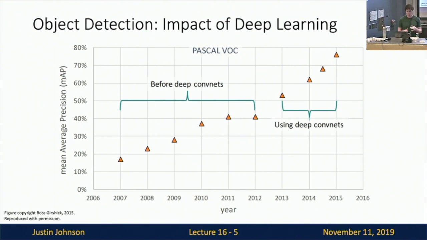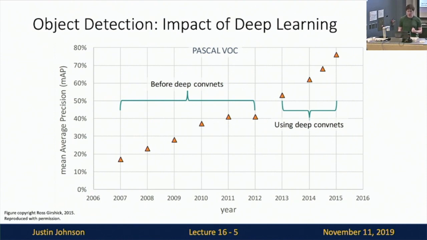And then starting in 2013, when people first applied deep learning to this object detection task, you can see there was a huge jump over all of the previous non-deep learning methods. This jump was not a one-time effect; as we moved on to better and better object detection methods with deep learning, gains continued to go up and up.